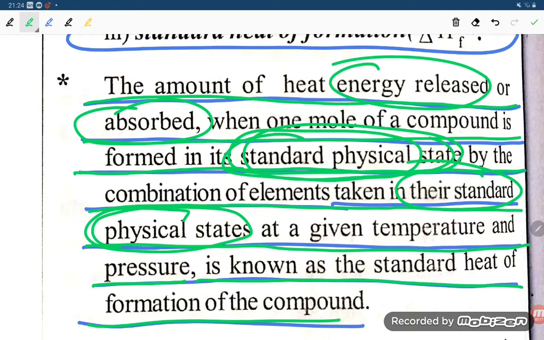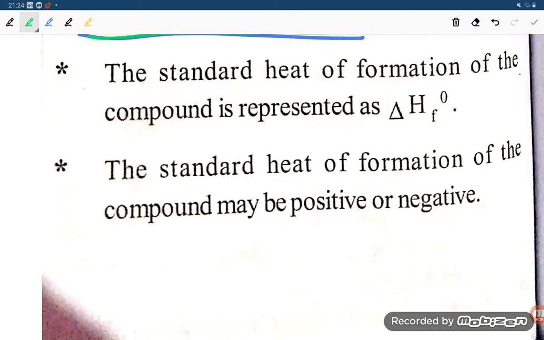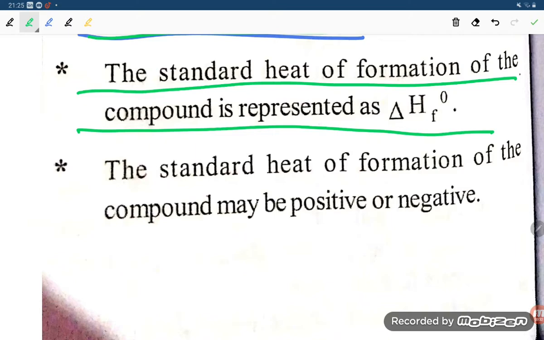What could be the standard physical state that we have to take? In that condition, at the given temperature and pressure, whatever heat is released or absorbed is known as the standard enthalpy of formation of the compound. The standard heat of formation of the compound is represented by delta HF naught.